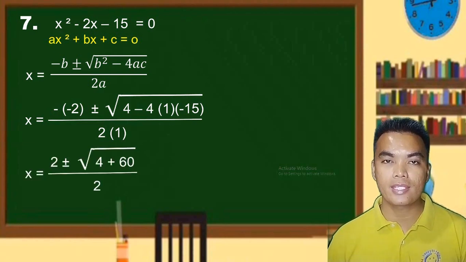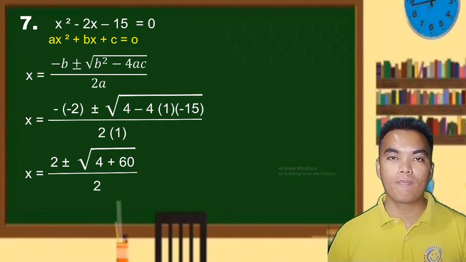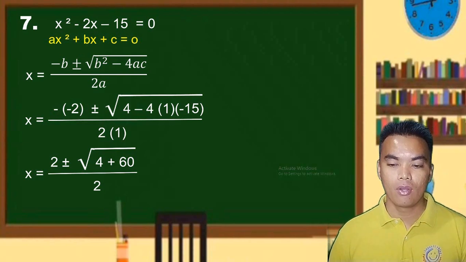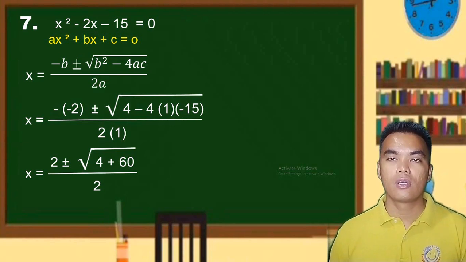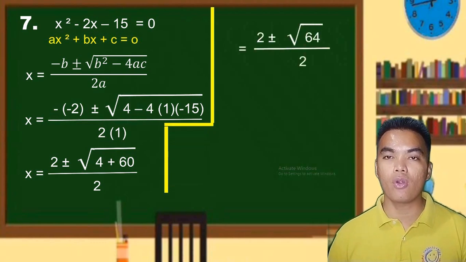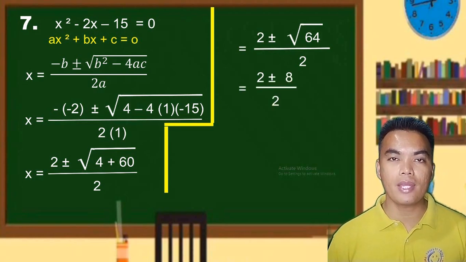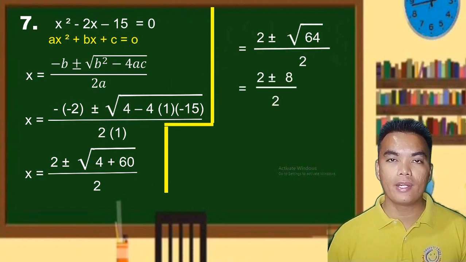So we have x = (2 ± √(4 + 60)) / 2, because -4 times 1 times -15 is positive 60. So that is equal to (2 ± √64) / 2. So the two values of x are (2 ± 8) / 2.